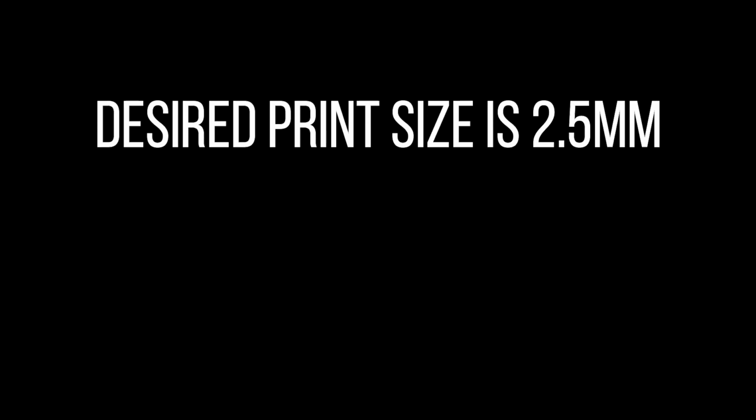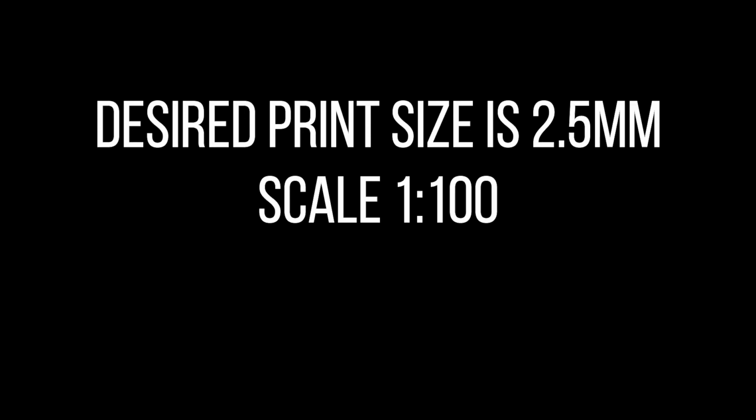But wait. Remember, we will be using millimeters in all our measurements. If we want to print our fonts in the height of 2.5 millimeters and the scale of 1:100, all you need to do is to multiply your desired size and desired scale.